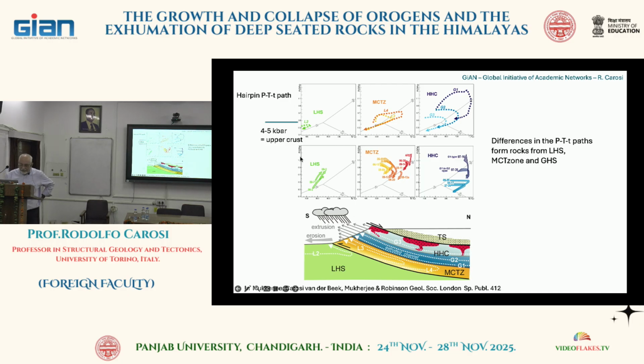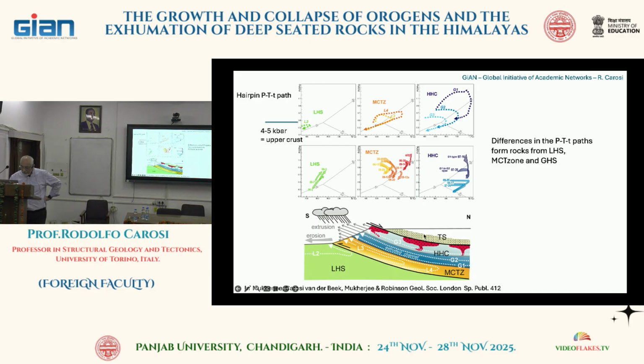And the lesser Himalayan rocks, when involved in the belt, show the so-called Alpine PT path. So very different shape, this one. They go quickly to pressure, but no high pressure, then come back to exhumation, because the lesser Himalayan sequence is more or less confined in the upper crust. The pressures are no higher than 5 kilobars.